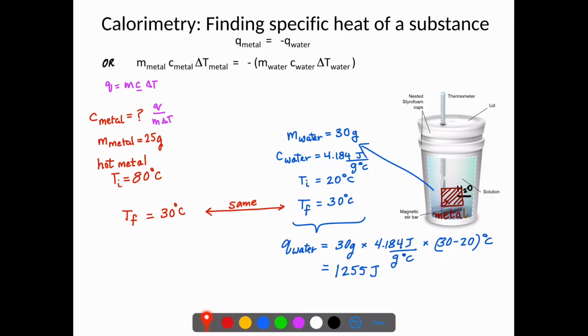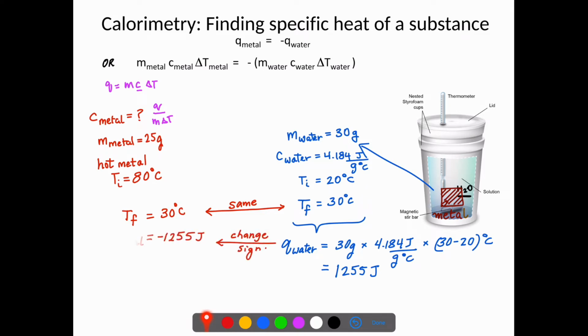Now, where did that heat come from? Since this is an insulated system, it's the metal that gave off the heat. That heat did not come from the surroundings. It came from the metal. So the heat absorbed by the water is equal to the heat released by the metal.